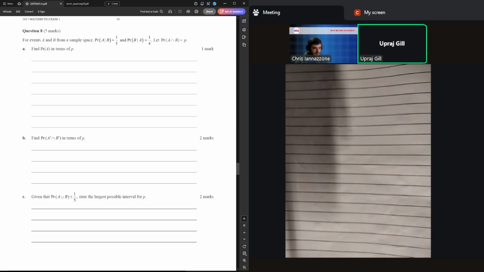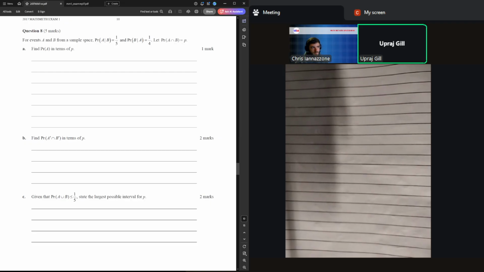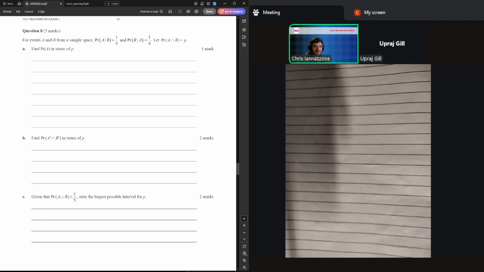Is P less than or equal to 1 on 40? Yes, but that's not all of it. I'm trying to think of a way to word that that doesn't give away the other thing that wasn't considered.